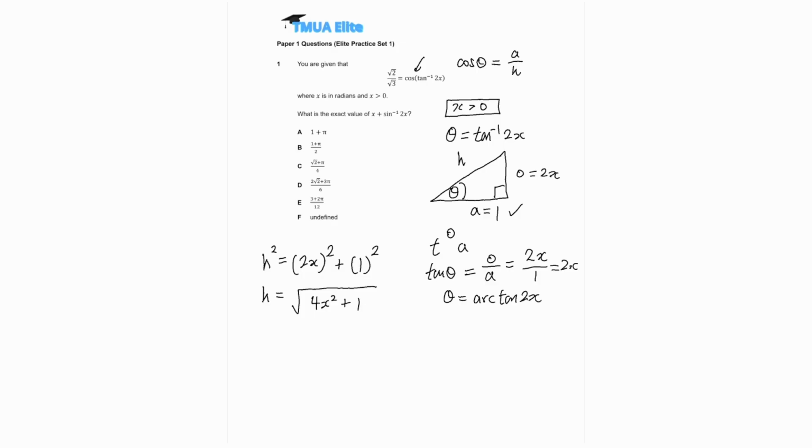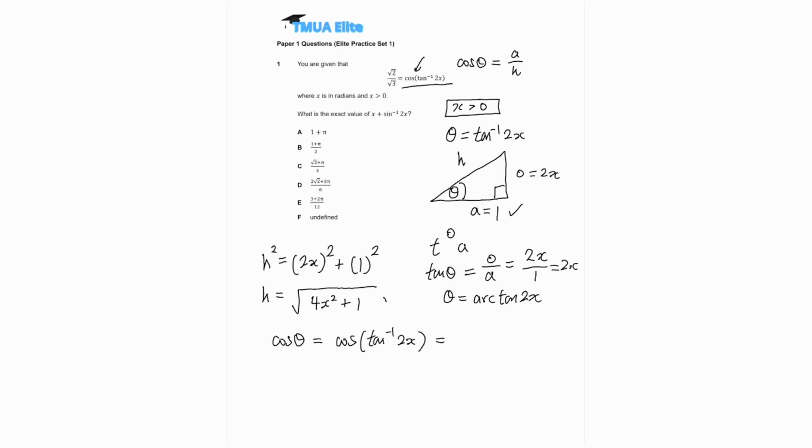So we know cos theta is adjacent over hypotenuse. This means that cos theta, which is the same as cos of tan to the minus 1 of 2x, because we set theta as tan to the minus 1 of 2x, equals adjacent over hypotenuse.